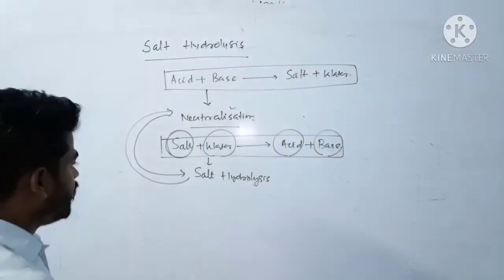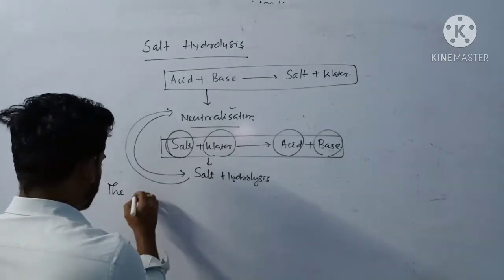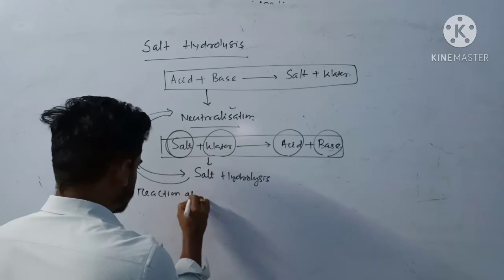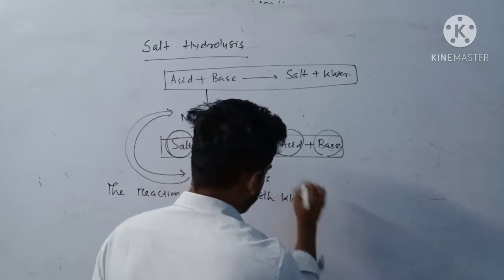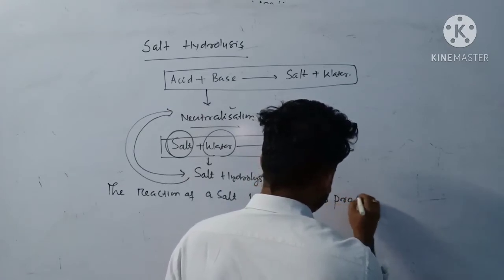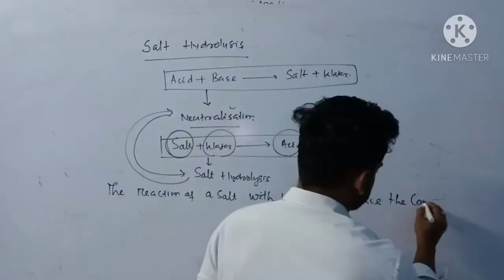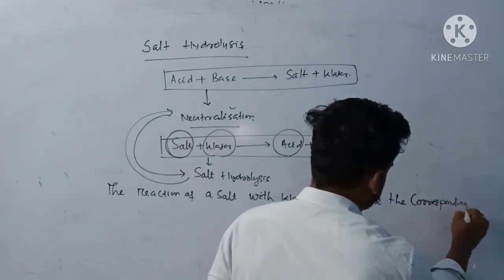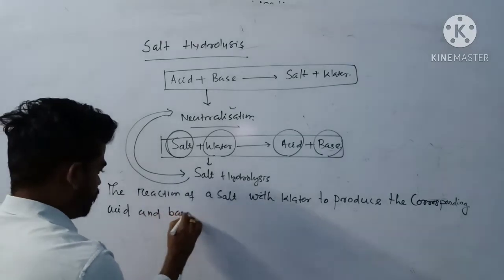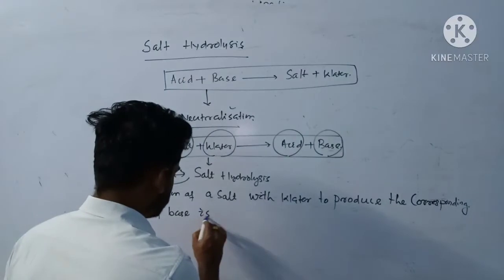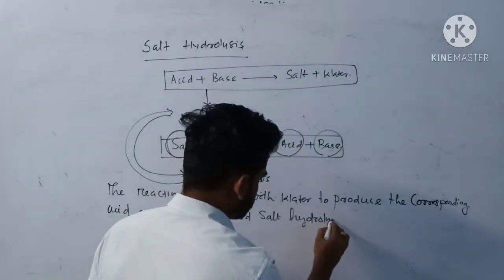So the salt hydrolysis definition can be written as: the interaction of salt, or the reaction of a salt with water to produce the corresponding acid and base, is called salt hydrolysis. That clear?